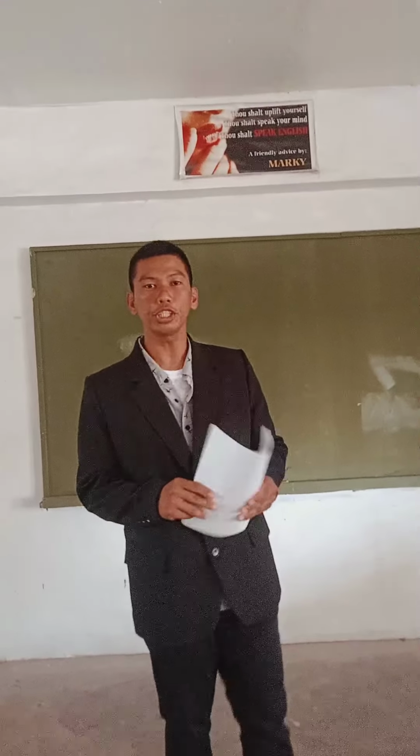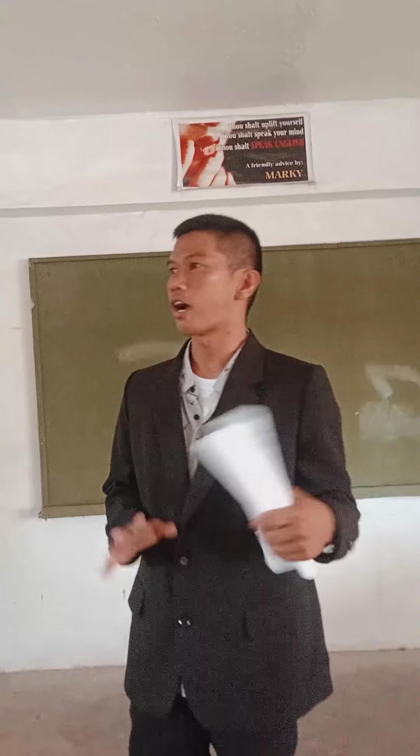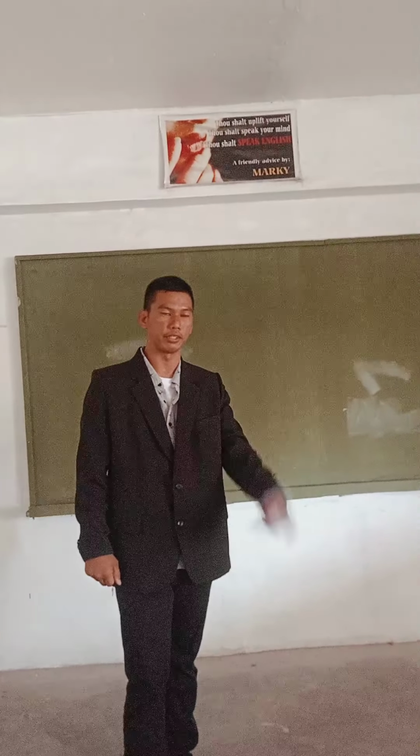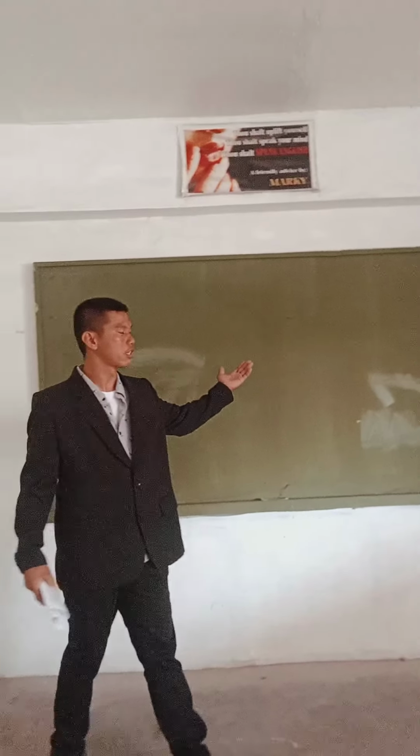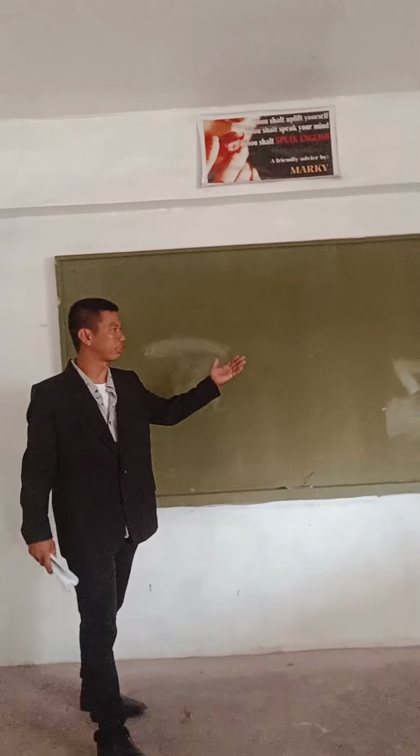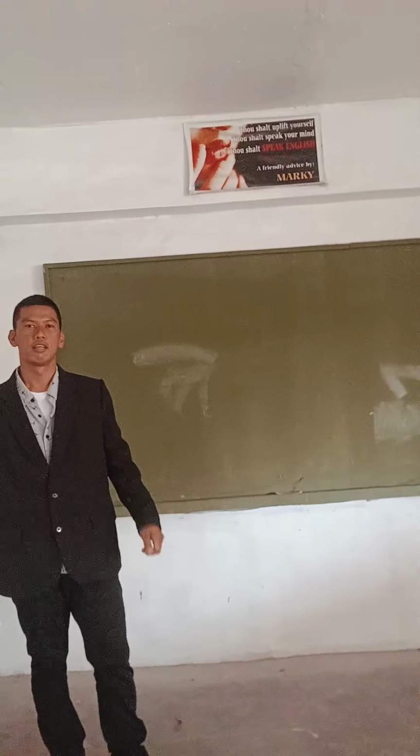The six trigonometric functions are categorized into two: the primary and the secondary. The primary are the sine, cosine, and tangent, and the secondary are the cosecant, secant, and cotangent. Look at our screen. As we can see, a right triangle, we name it triangle ABC, and the corresponding sides are small letters a, b, c.